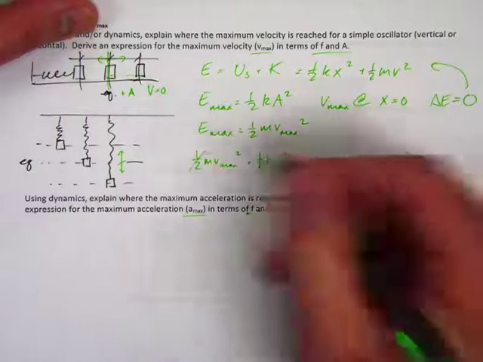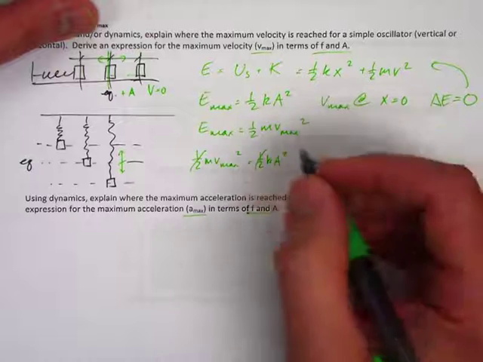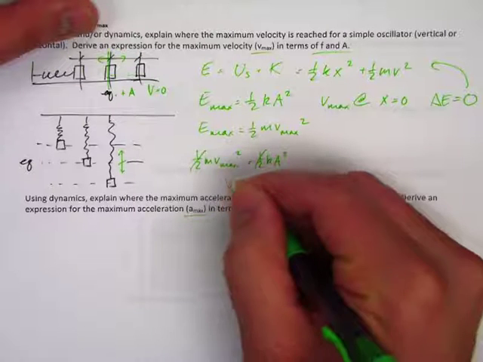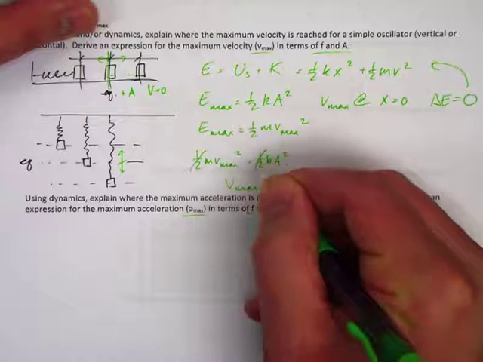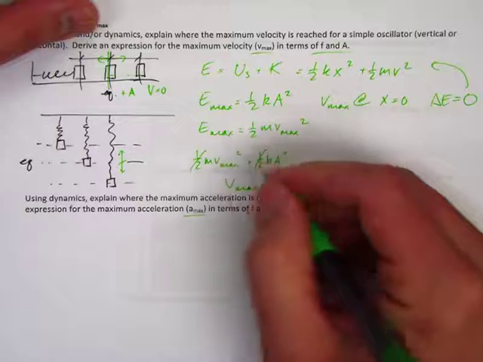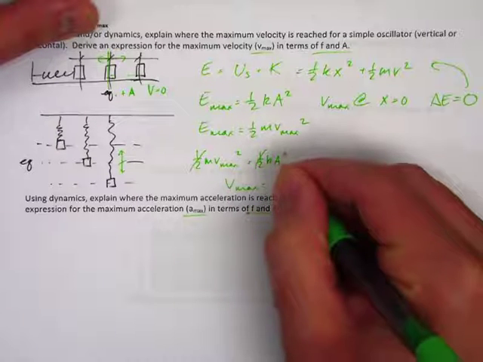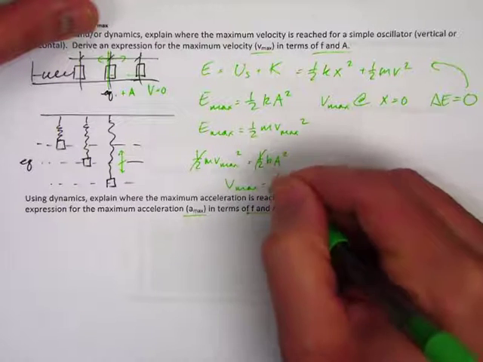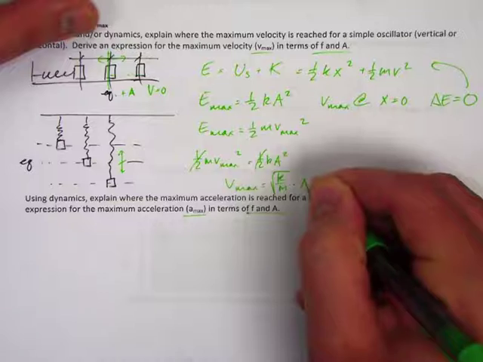And we see the 1/2s cancel, and very quickly I can see V max is equal to, I'm going to divide the m over here, k over m, but then I have to square root it, so square root of k over m times A.